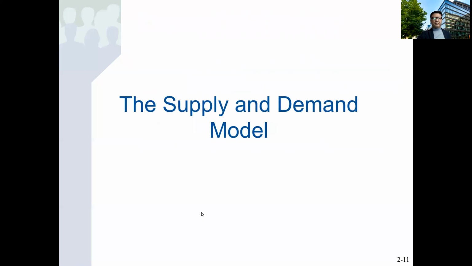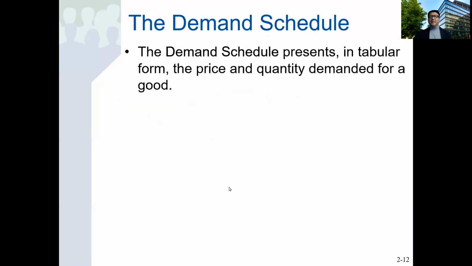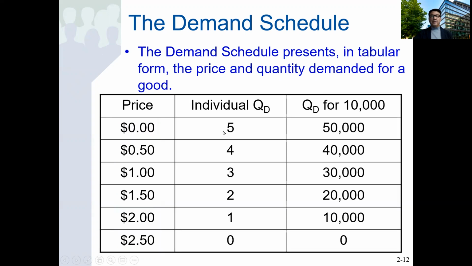Okay, the supply and demand model. The demand schedule represents in tabular form the price and quantity demanded for goods. So we're going to look at the demand schedule. Here are some examples. It's very simple.